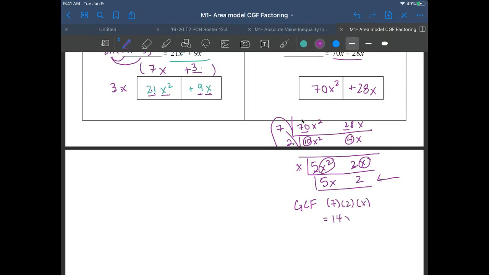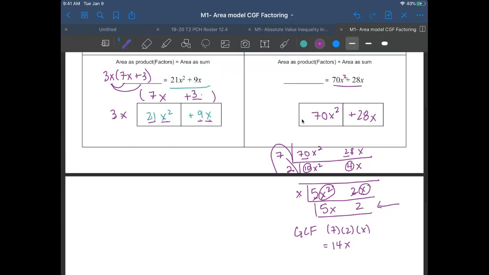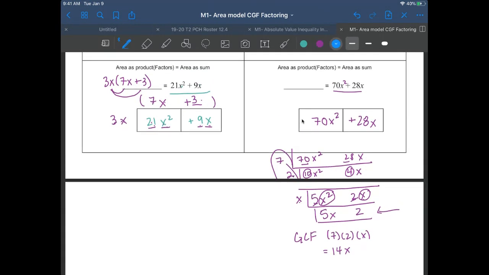All right, so our GCF, our greatest common factor, I'm going to divide out 14x from 70x squared. So 70x squared divided by 14x: 70 divided by 14 is 5. And x squared divided by x, so I need one more x there.